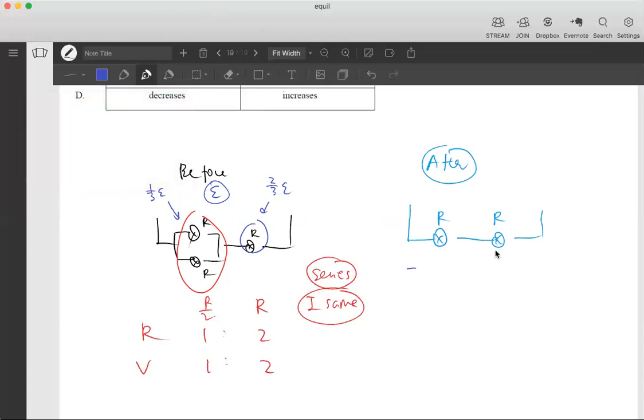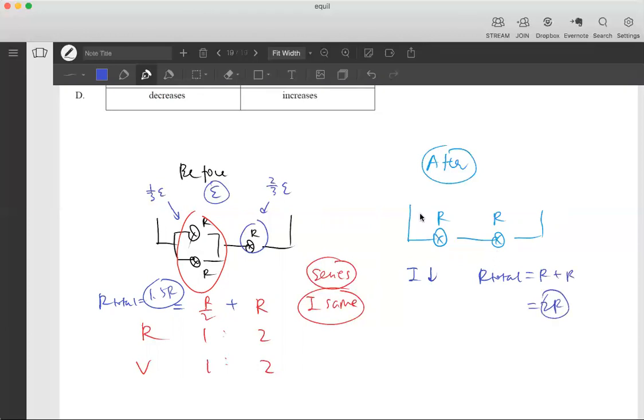I, in this case, decreased, because previously R total equals 1.5R. Now the new R total equals R plus R, equals 2R.